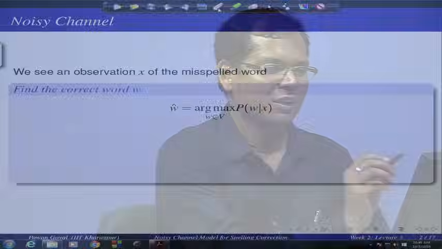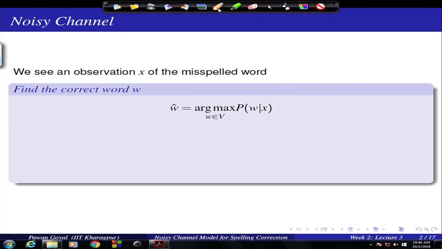Whenever you have a misspelling, you wanted to write a correct word, okay, and you went through a channel that can be your keyboard or something else, and that's how your word got misspelled. So that is what you are assuming. You have a correct word W, okay, this is your correct word, and you have an incorrect word X, that is your observation.